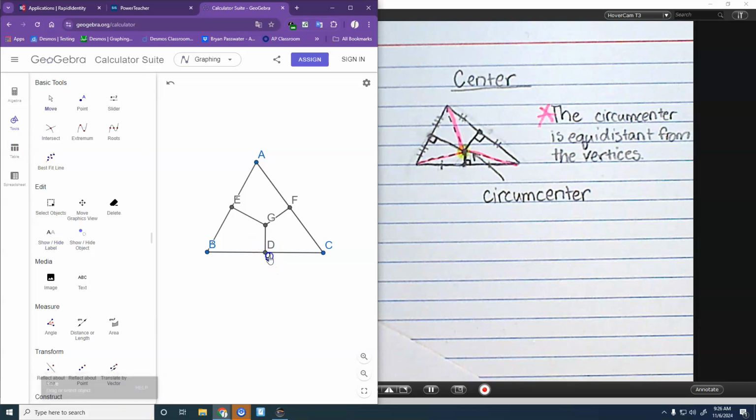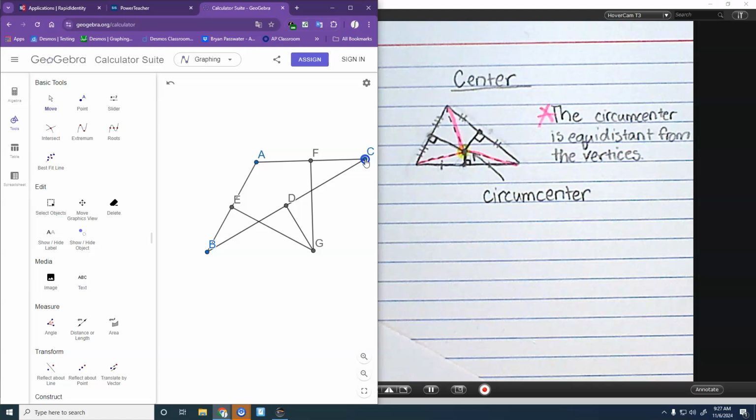Okay, this is kind of cool, this program, because it will let me move my triangle. Notice I redid my triangle because I didn't want the picture that we drew to have the circumcenter on the outside of the triangle. But if you get an obtuse triangle, the circumcenter actually ends up being on the outside of the triangle.